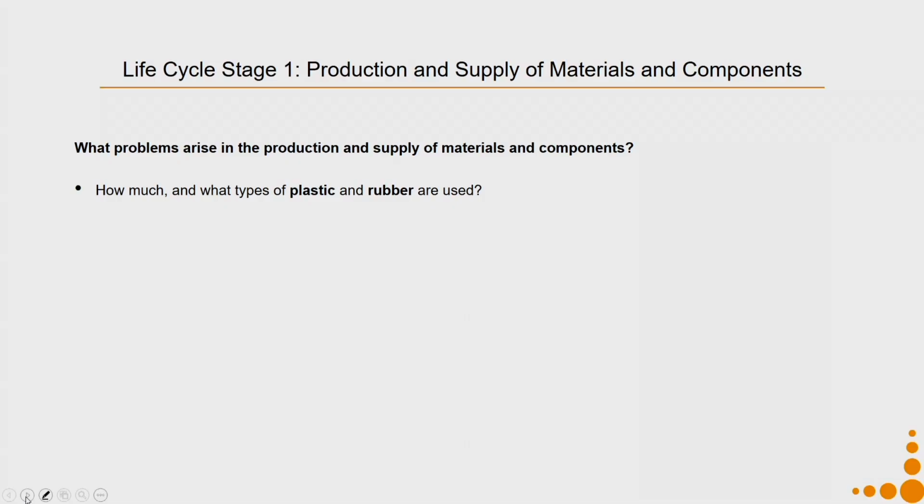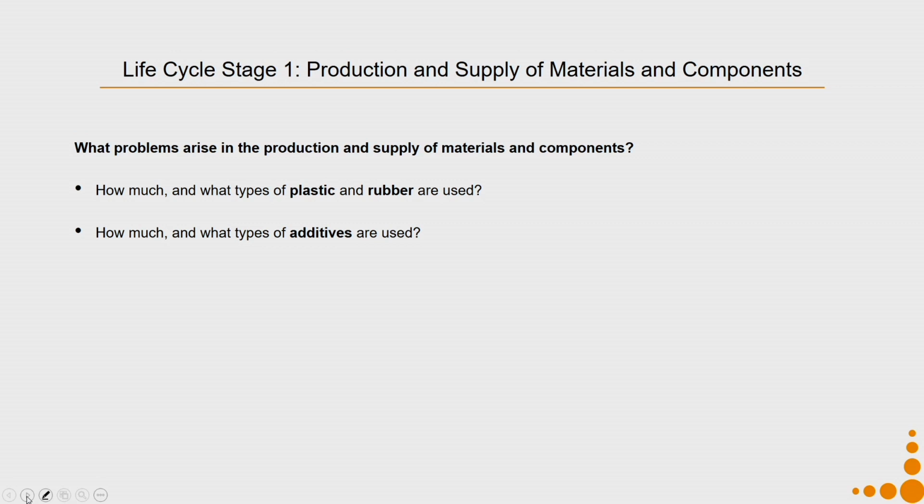Usually plastics and rubber present a different sort of recycling problem or landfilling problem than metals. Metals usually do not end up in a landfill. They are always collected back. Even if it goes to a landfill, from a landfill it will be collected back and recycled. Hence, we have them in separate questions.